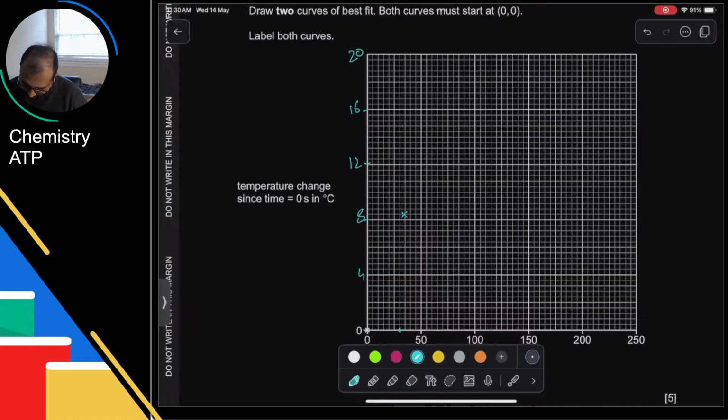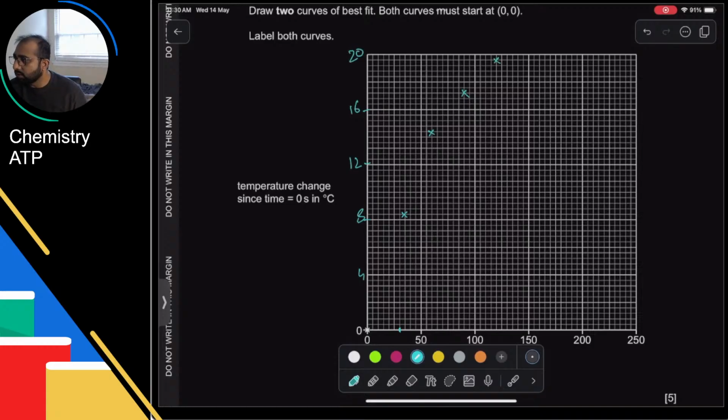So it will require some effort, but that's okay. Good thing. 17.5 at 90, so 17.5. This is 17.5. Okay. 19.5 at 120. So 19.5 over here.